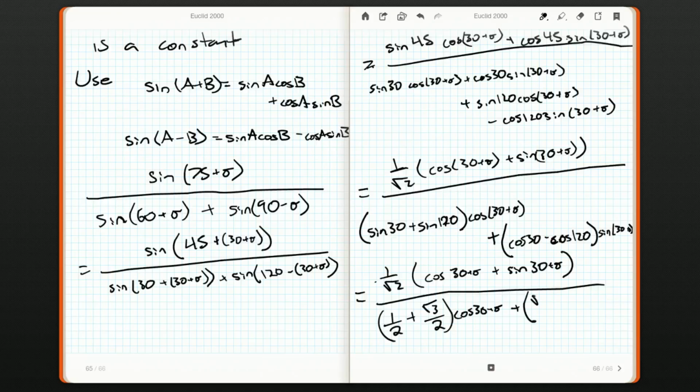So cos 30, that's root 3 over 2. Minus cos 120. Once you are over 90, the cosine becomes negative, so that should be negative 1/2. Sine 30 plus sigma. And so these negatives cancel out, and so both of these are going to be 1/2 plus root 3 over 2.